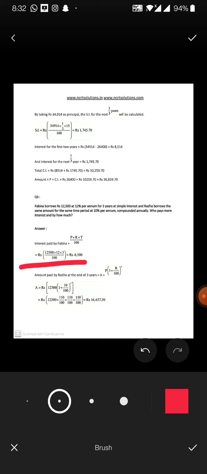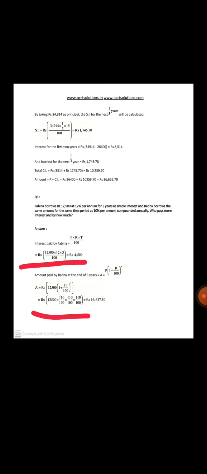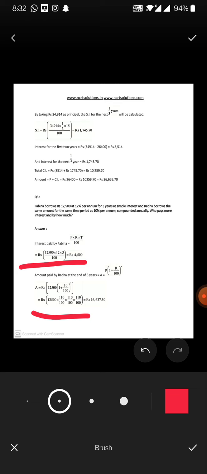First of all we calculate the compound amount, then we subtract the principal from the compound amount to get the compound interest. Now if we calculate the compound amount with the help of this formula, we get 16,637.50 rupees. So this is the compound amount.